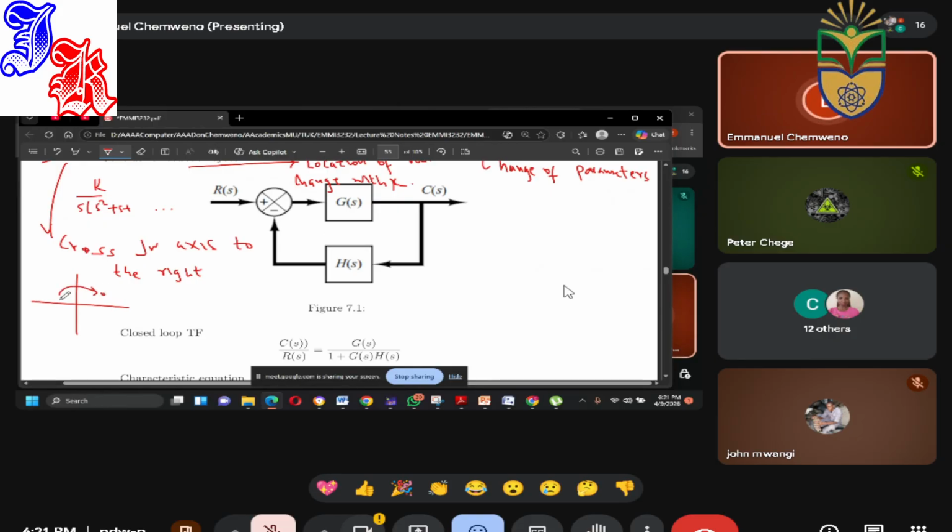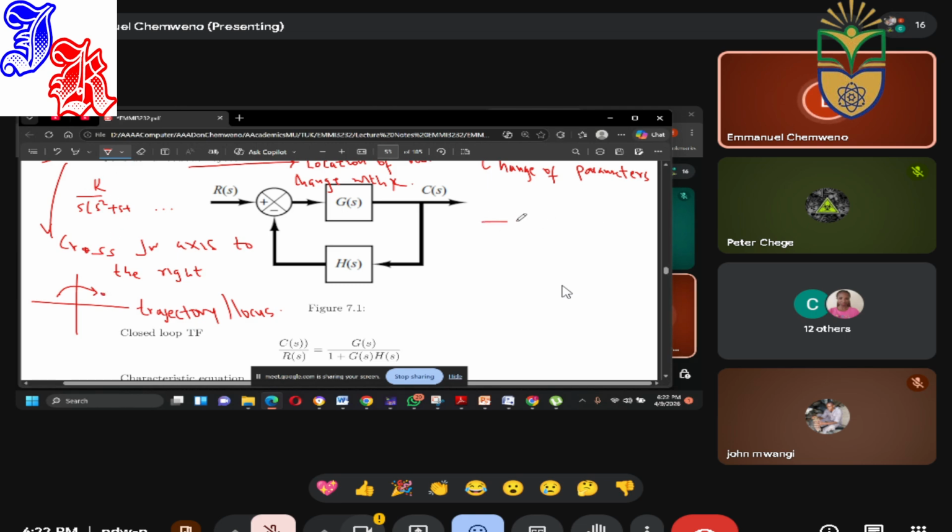So how does it, what is the trajectory, or locus? How does it trace from its initial to the final position, depending on change in parameter?